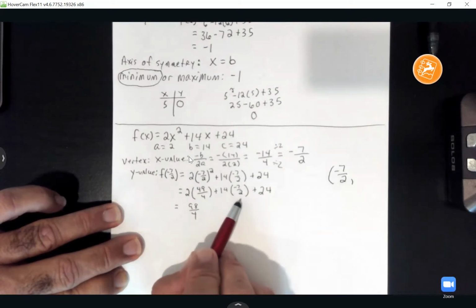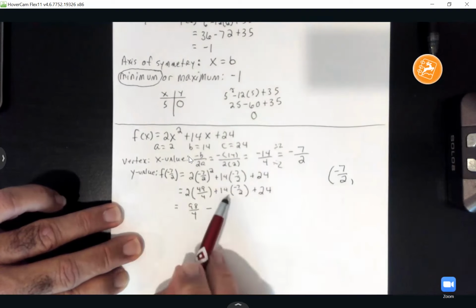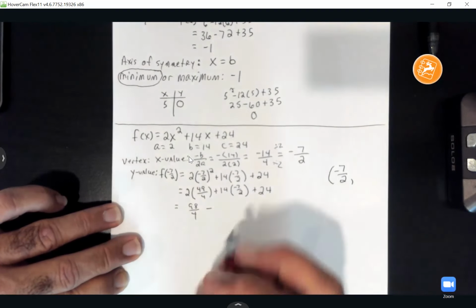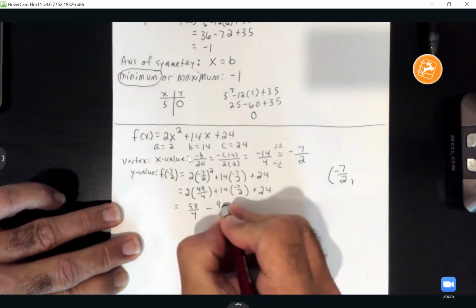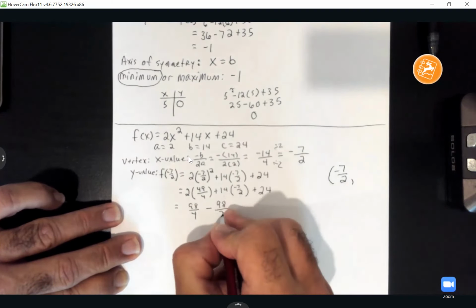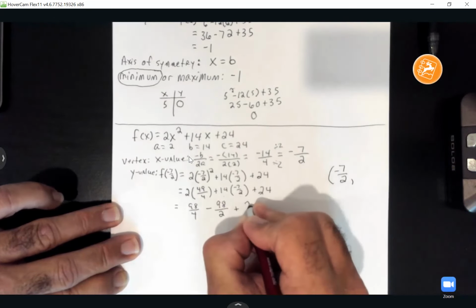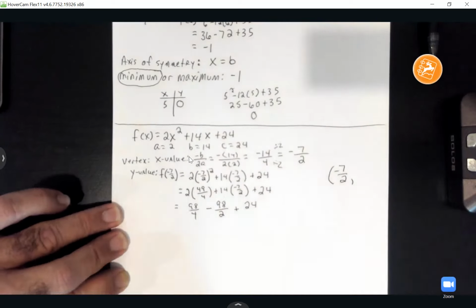Here I got a positive times a negative. So that's going to be a negative. 14 times 7 is 98 over 1 times 2 is 2. And then I'm going to bring down my 24.